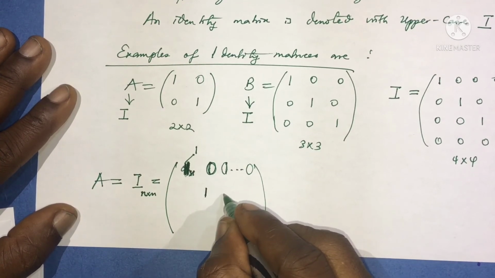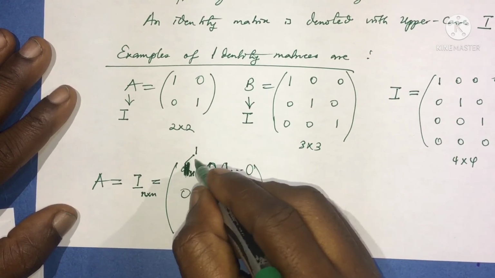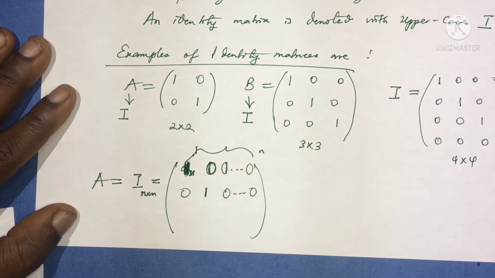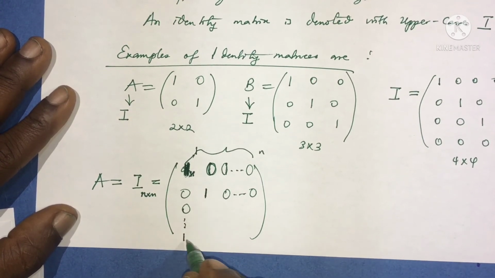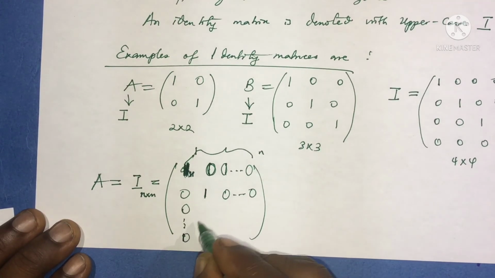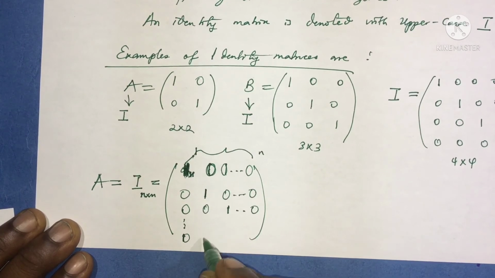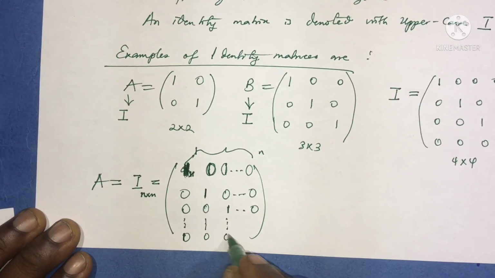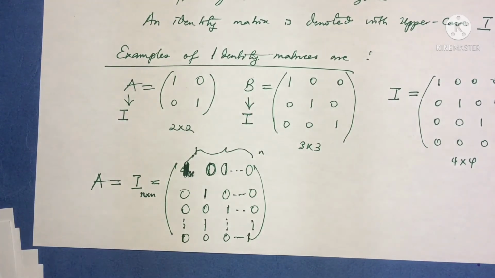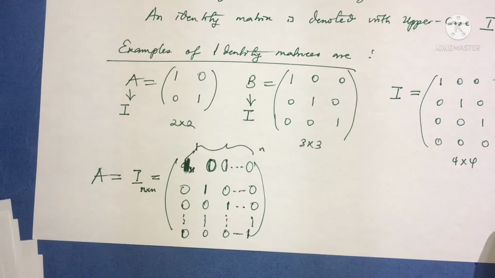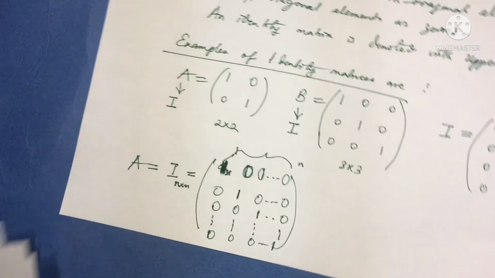This will be 1, this will be 0 up to 0. Now, this will be for n columns, and it will go down up to 0. This will be 1 up to 0, and the last will be 1, for n rows and n columns. Okay, so you can write an n by n general identity matrix.